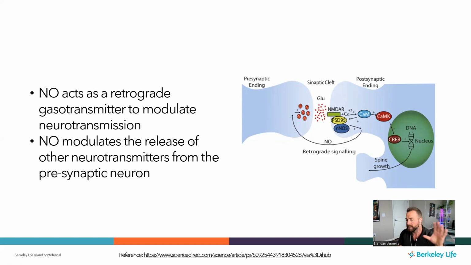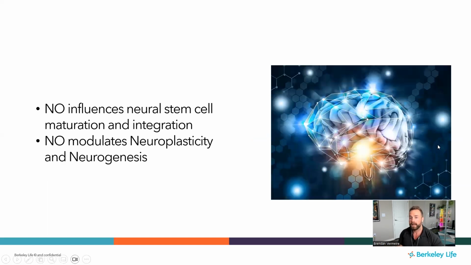So the punchline, the take home here is nitric oxide has a very profound effect on regulating neurotransmitter release and activity at the synaptic level. Huge, right? Now, nitric oxide, as I just mentioned, actually plays a critical role in helping neural stem cells mature and develop and grow up into fully functioning neurons.